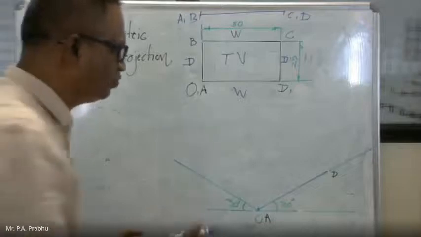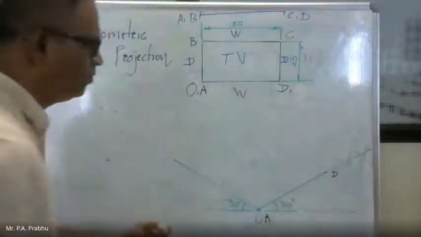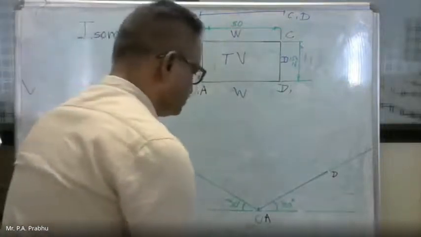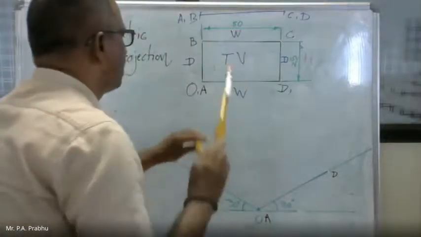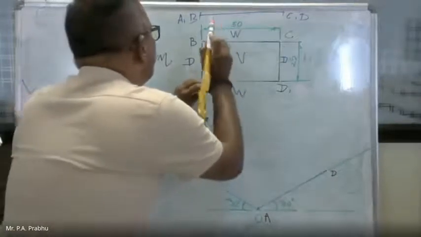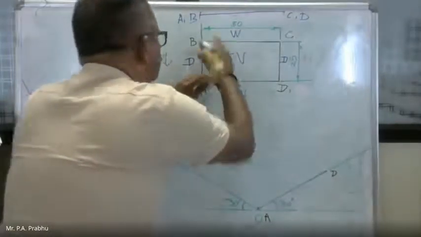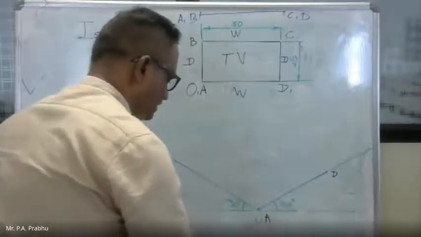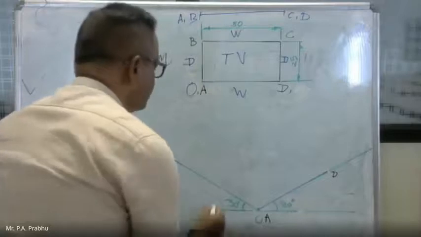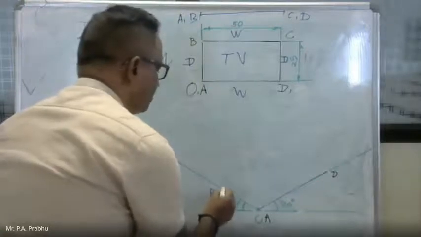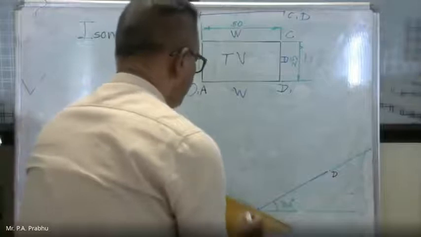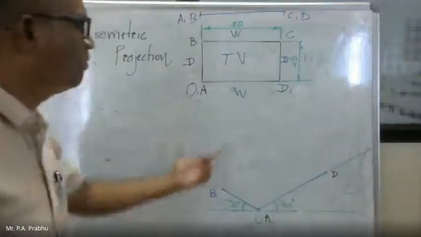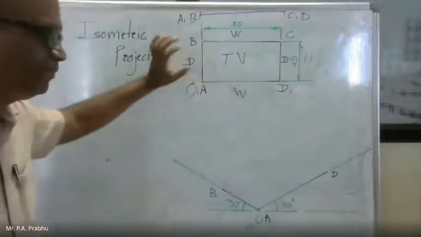As we have marked the width on your right side, mark the depth on your left side. This is 25 mm. Mark the depth on your left side, on a line inclined at 30 degrees. This point will be B. So we have marked AD and AB.